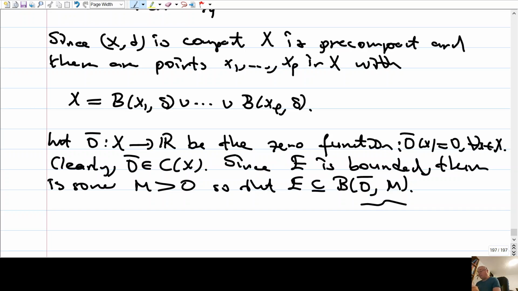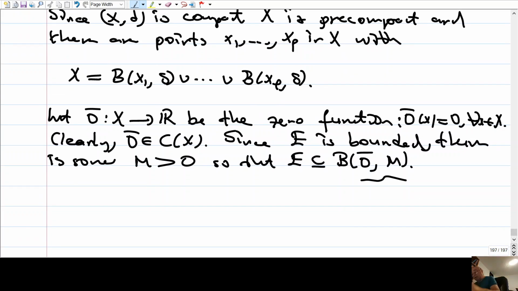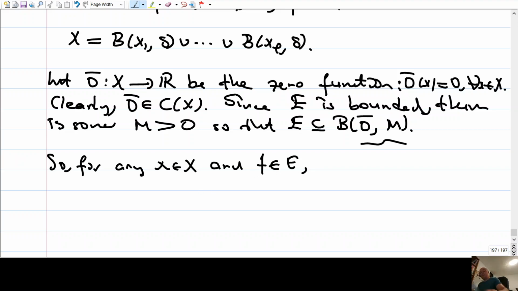All right. Well, this means what? So for any x in X and f in E, the distance between f of x and the 0 function is less than m, but this is just 0.